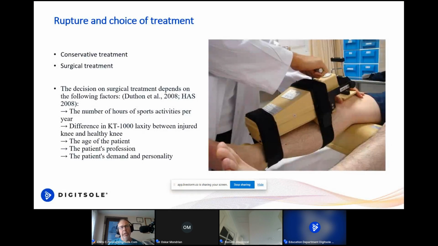So we could do an MRI, which we know is very, very expensive, or we can do this test right here. So this is a specific test. It's a dynamometer that we can use to evaluate that translation of the knee much better than we can do with our hands. So this is one of the ways that we will determine whether or not someone is going to go through conservative treatment or through surgical treatment.